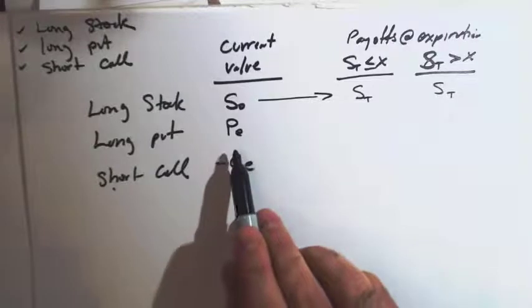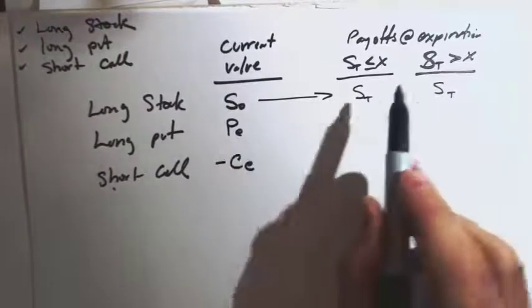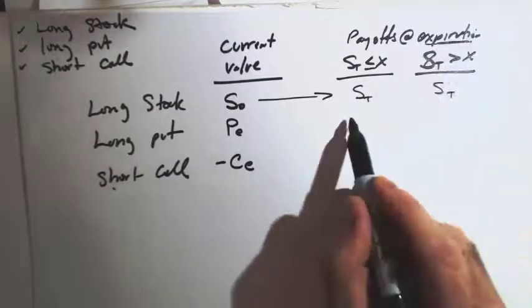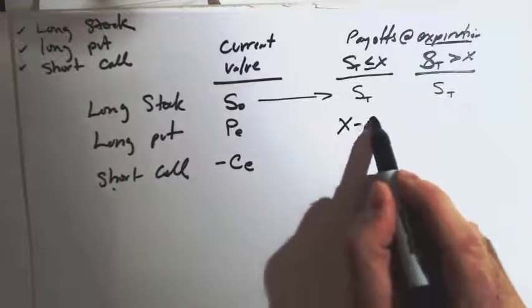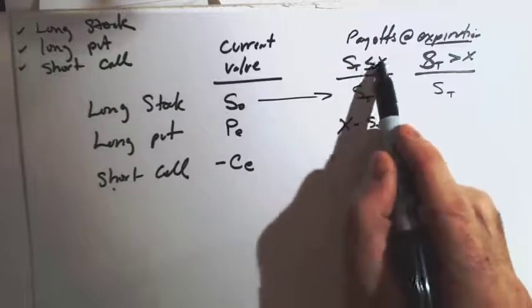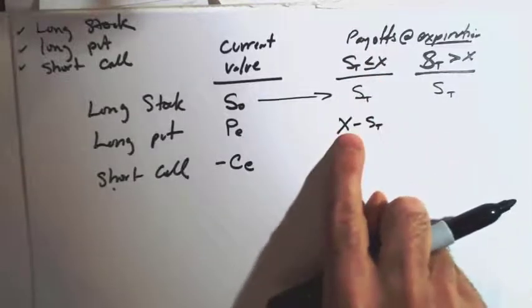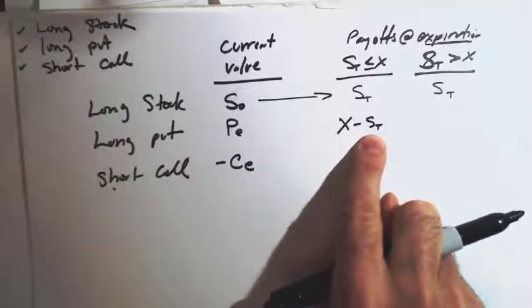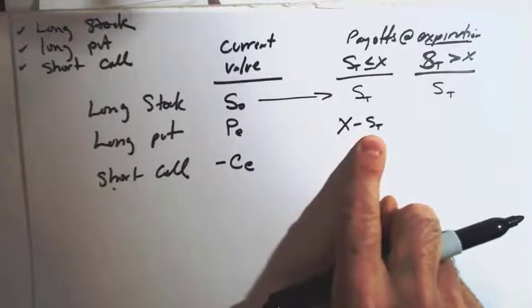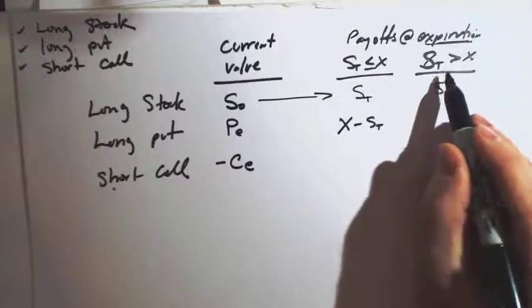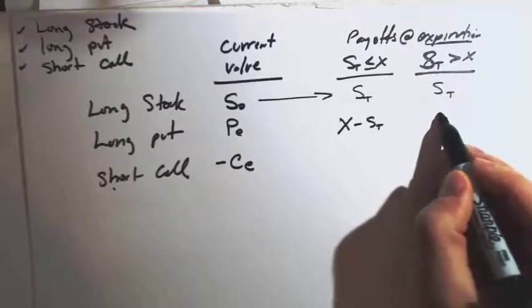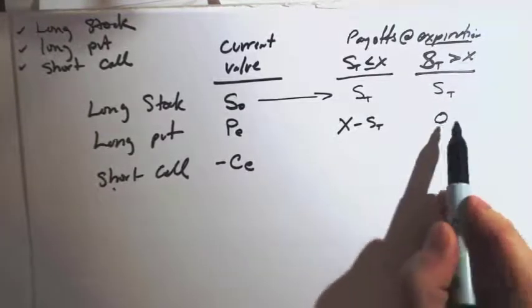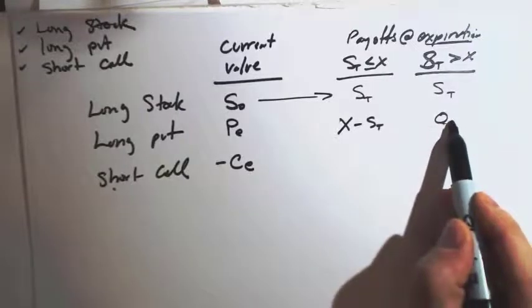Now with the European put, okay, we can only deal with it at expiration. And what is the payoff at expiration? Well, it's X minus ST if it's in the money. So we're looking at in the money. The payoff is the difference between the strike and the stock price at expiration. If the stock price is above the strike, the payoff is 0 for the put. The put is out of the money when the stock price is high.